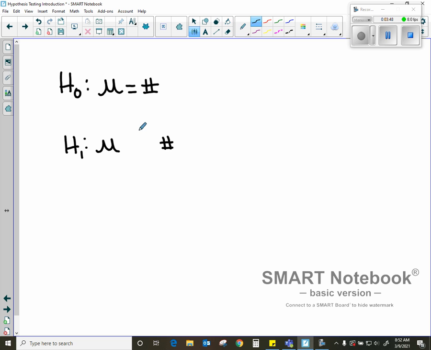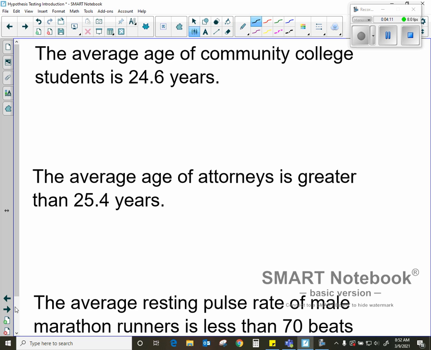Okay, there are three ways we can say that it's different. We can say that we believe that mean is less than the number in the null. We can say that it's greater than the number in the null, or we can say that it's not equal to that number in the null. Okay. Those are our three options. Now we're looking at some statements here.